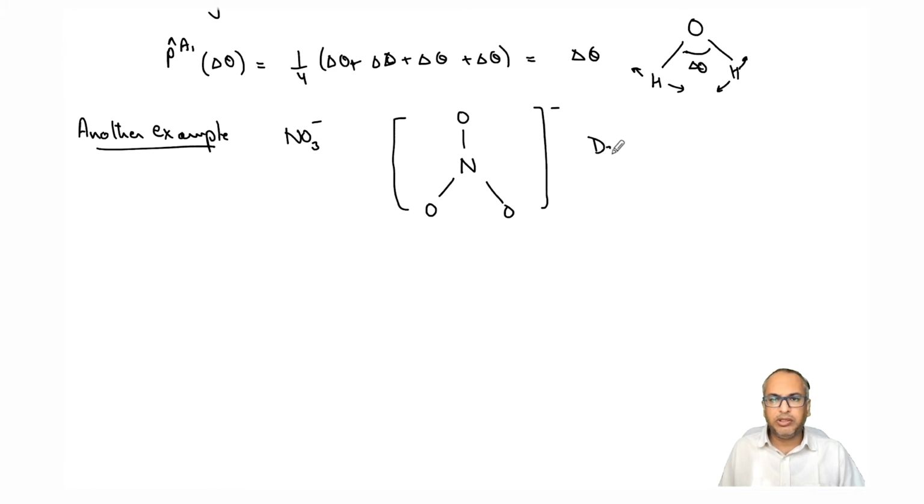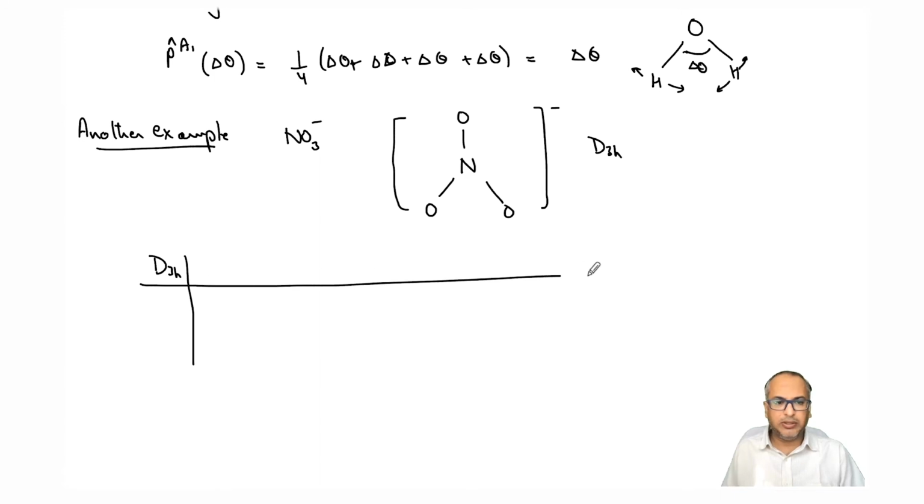The point group is D3h here. So now let's start with finding the symmetry of the vibrational modes. For D3h, you have E, 2C3, 3C2, sigma h, 2S3 and 3 sigma v's.